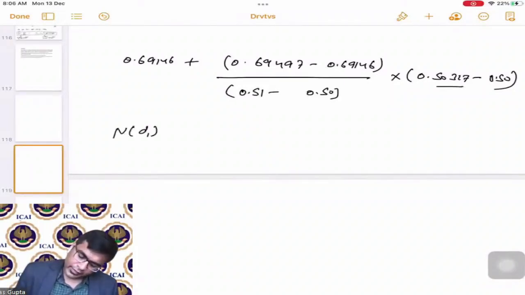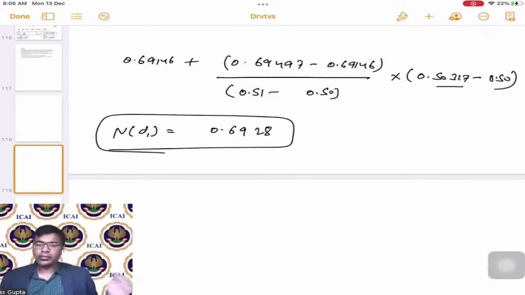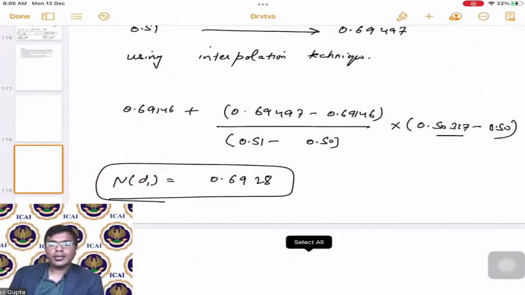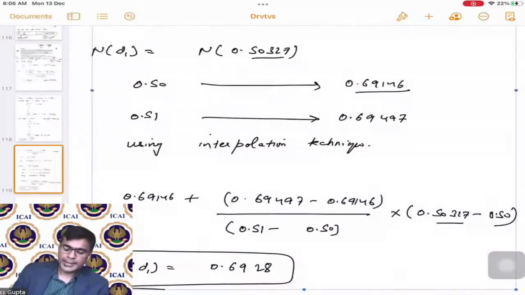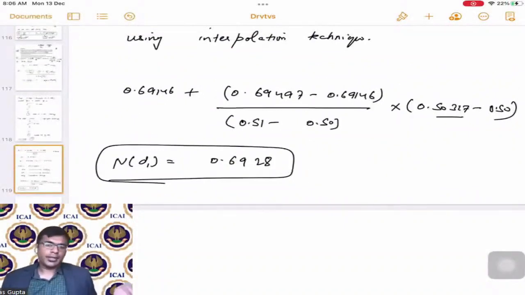Hence, ND1 is equal to 0.6928. This is called ND1. Just using the interpolation technique, we have calculated the ND1.